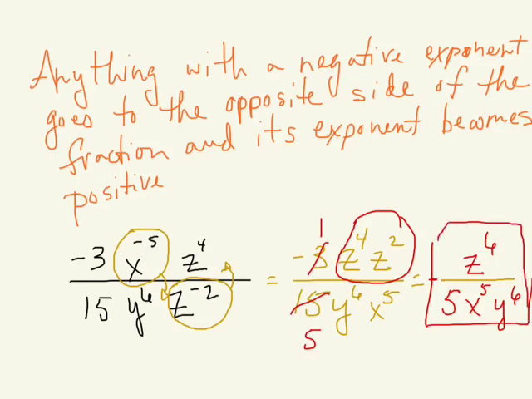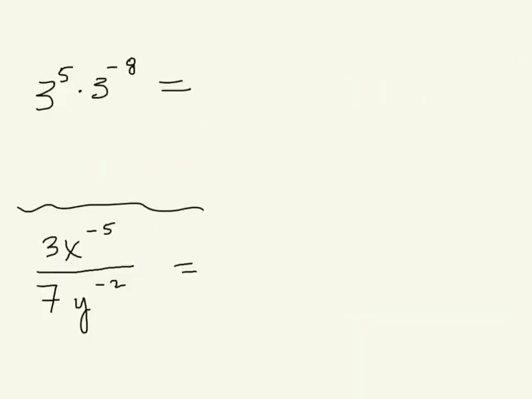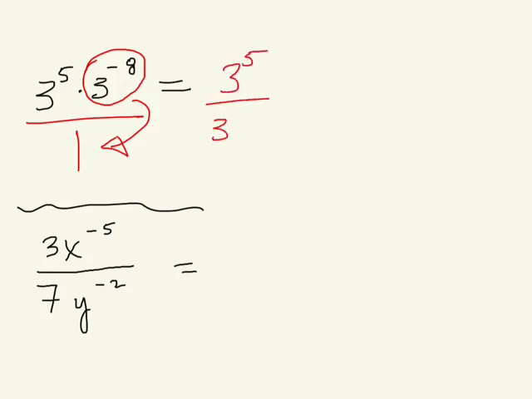Right there. We'll show you a few. Okay, right here. Now you're saying anything with a negative exponent like this goes in the opposite part of the fraction. Well, there's no fraction. Well, there is a fraction. Anything could be written over 1. So this can come down here. So you have 3 to the 5th over 3 to the 8th.